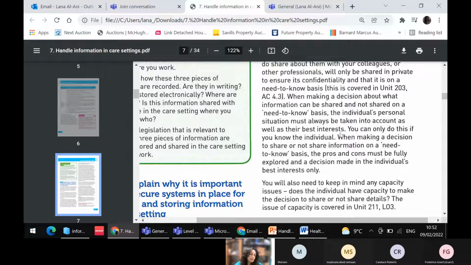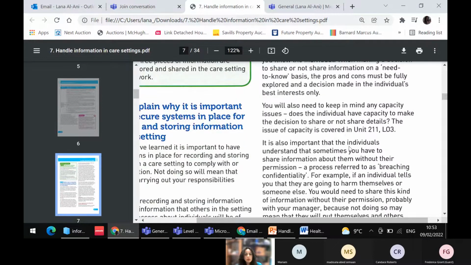So if passing the information is not good for this person, let us say he has a problem with his family, and his family want to know lots of information about him, maybe to sue him in court, I know it's need to know basis, but it's not having the person's best interest at heart if you pass this information to these people. So you shouldn't pass this information. Is this understood so far? Yes. Okay, excellent.